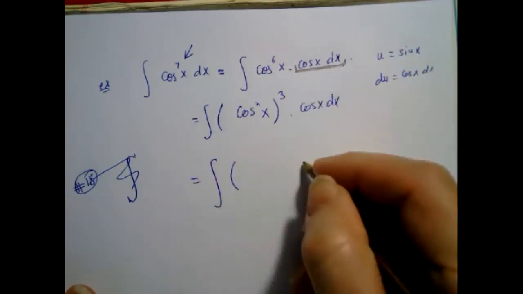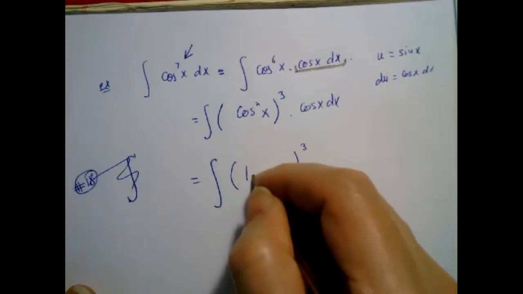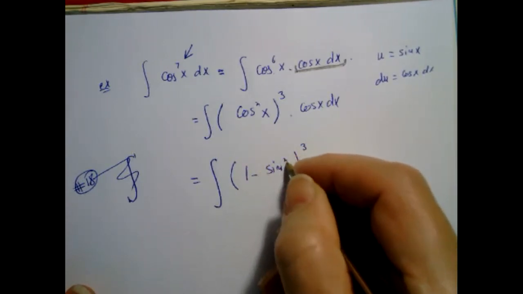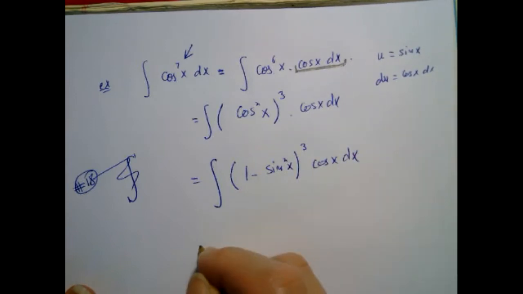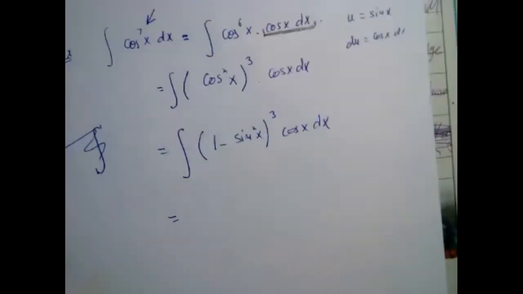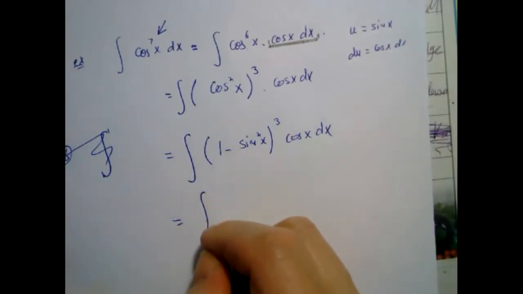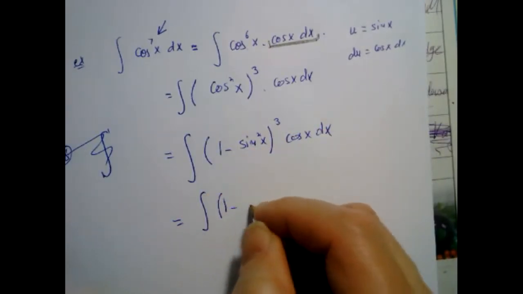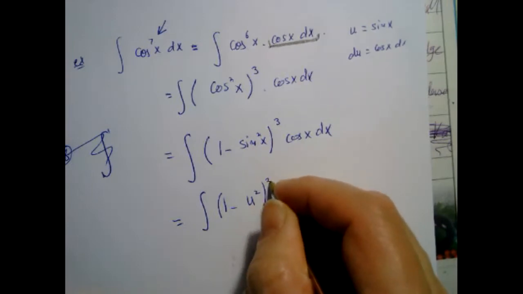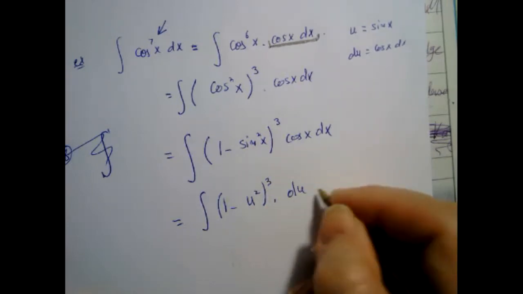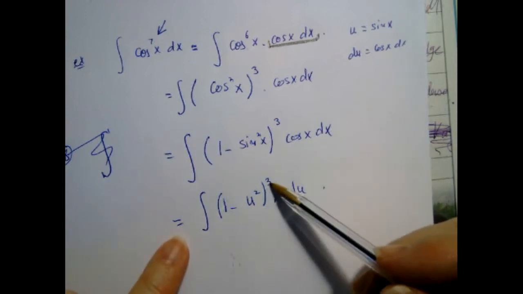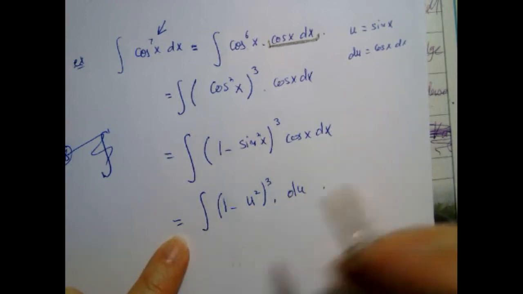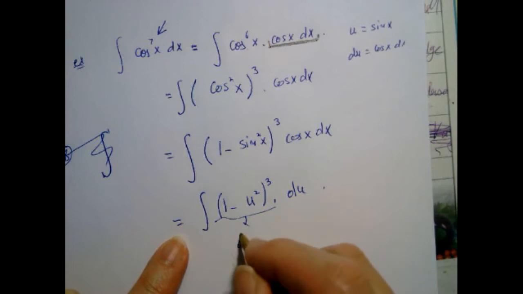So it's going to give me 1 minus u squared to the power 3 times the du. It's tedious, but it's not going to be hard. I will not finish it because it shouldn't be hard at this stage.